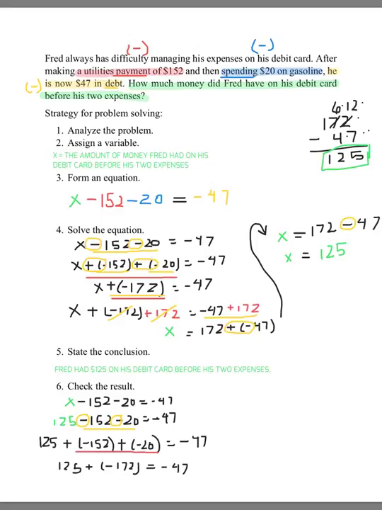So now here we have 125 plus a negative 172. So we're going to go ahead and take the absolute value of both numbers. The absolute value of negative 172 is a positive 172. And the absolute value of 125 is 125.